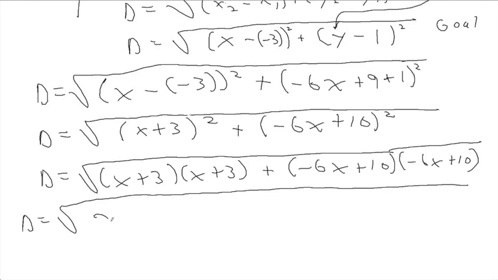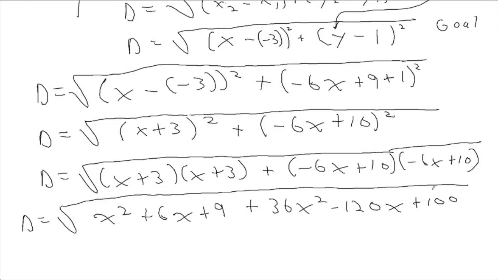We can write x squared plus 6x plus 9 plus 36x squared minus 120x plus 100.